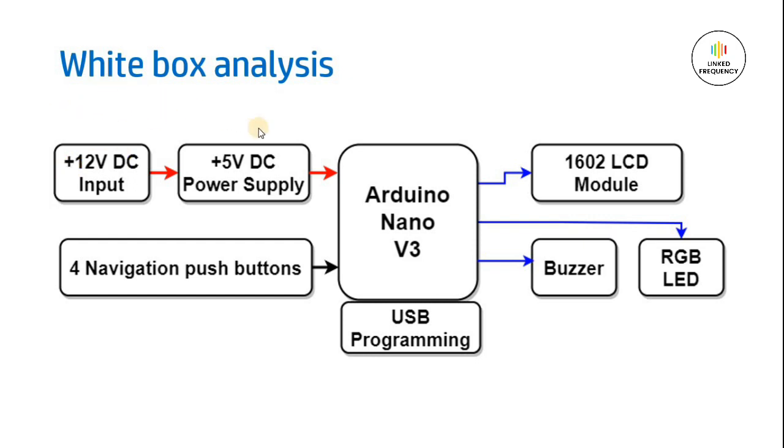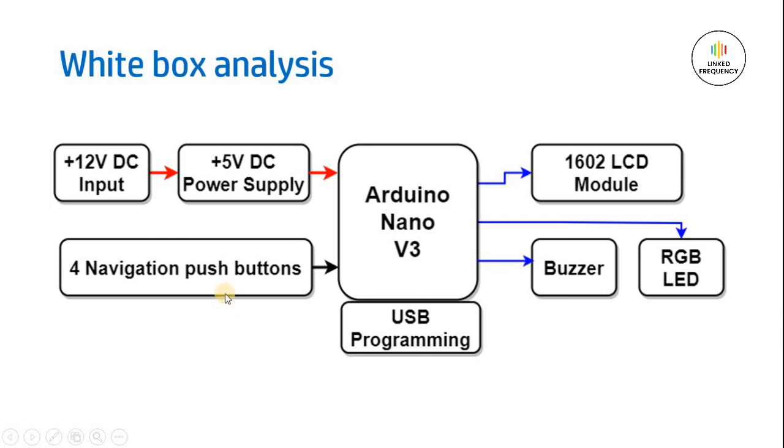Then we will be having a plus 5 volt DC power supply which converts the 12 volt DC input voltage into a 5 volt DC output voltage. This voltage will be given to the V-in pin of Arduino Nano development board. Arduino Nano V3 is one of the most compact and easily available nano development boards which is used for most of these kinds of DIY projects. Thereafter, we will be having 4 navigation push buttons so that we can read the information from the user.